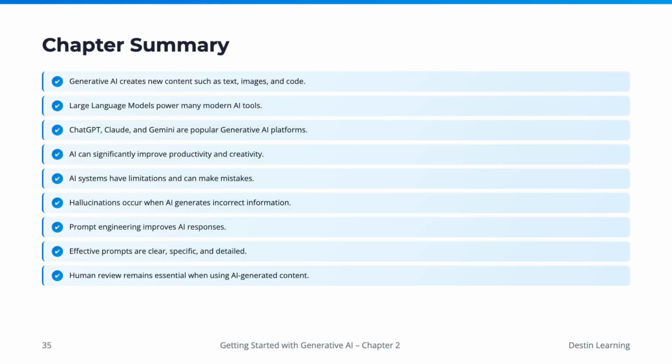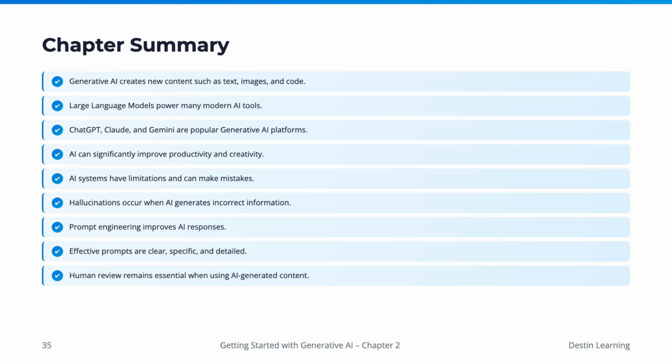Let's summarize Chapter 2. We've learned that generative AI is a powerful technology capable of creating new content across various mediums, including text, images, and code. Large language models are the foundational technology powering many of today's modern AI tools. We explored popular generative AI platforms such as ChatGPT, Claude, and Gemini, understanding their unique strengths. We also recognize that AI can significantly boost both productivity and creativity.